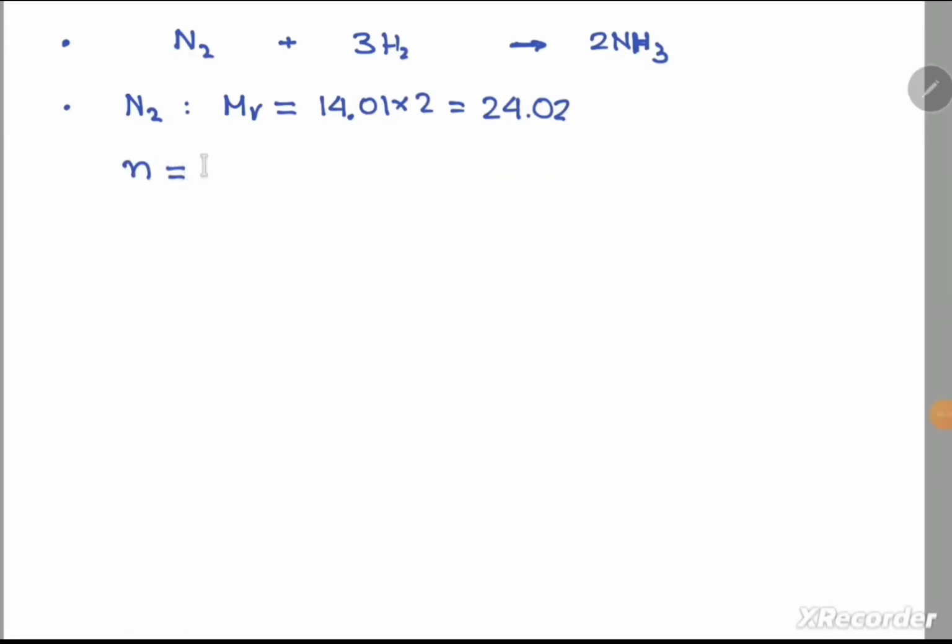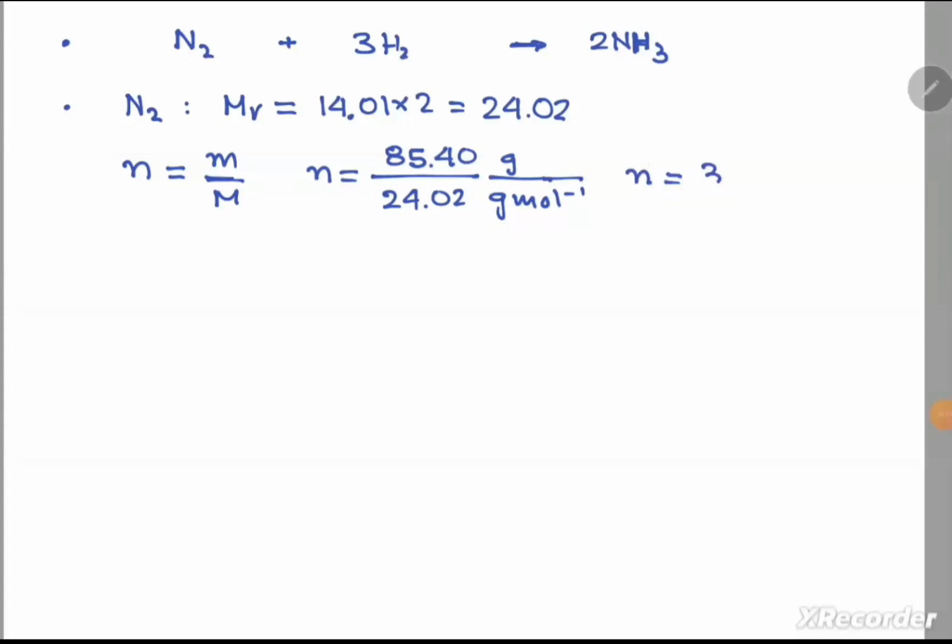We used the relationship: we divide mass by MR, by molar mass, sorry, and we have 3.05 mole of nitrogen which are reacted.